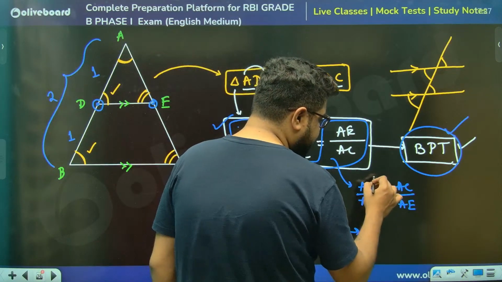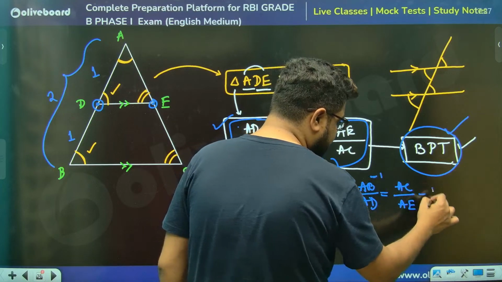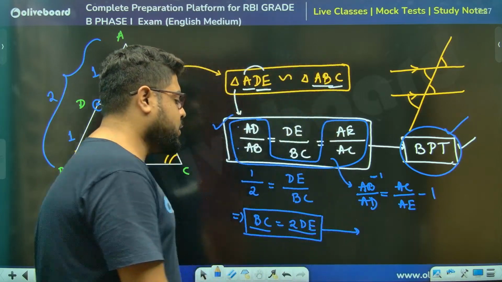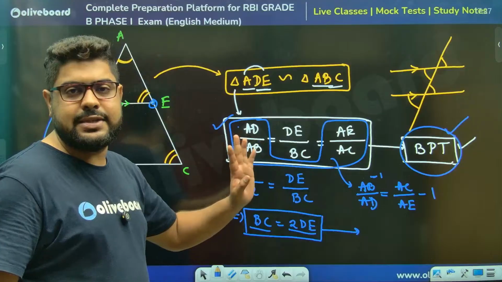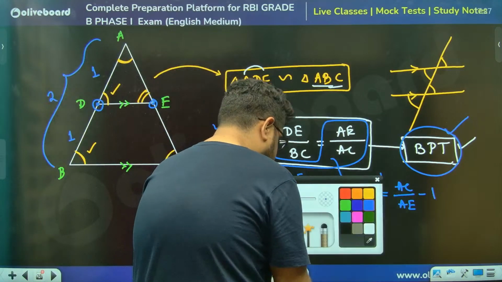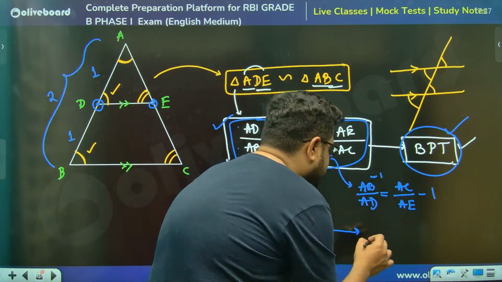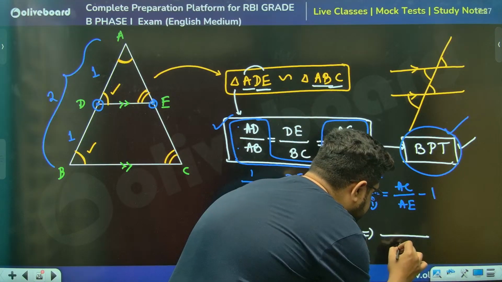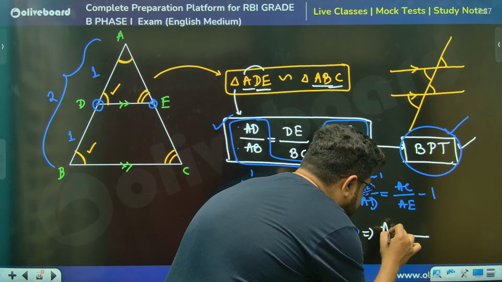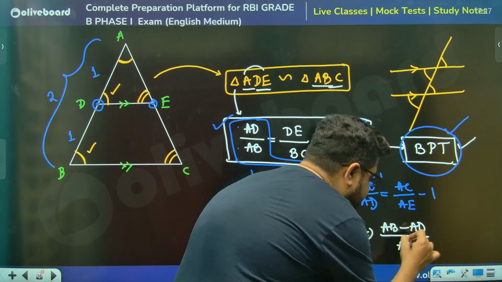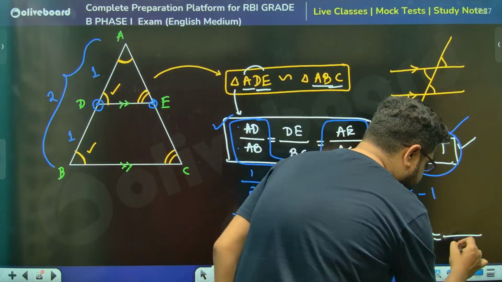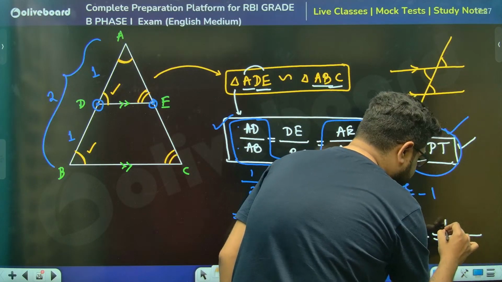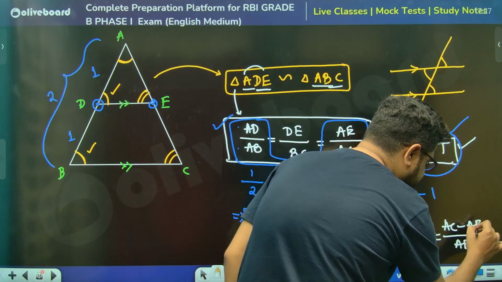And I am doing one simple step, sir: you subtract 1 from both sides. So what I'll be getting, sir? I'll get AB minus AD here, and AC minus AE.